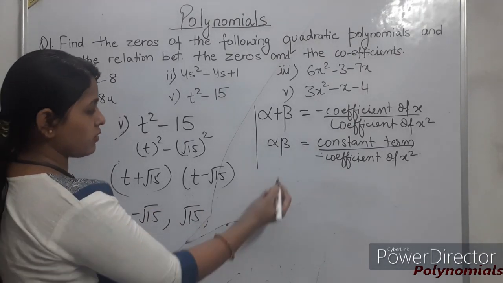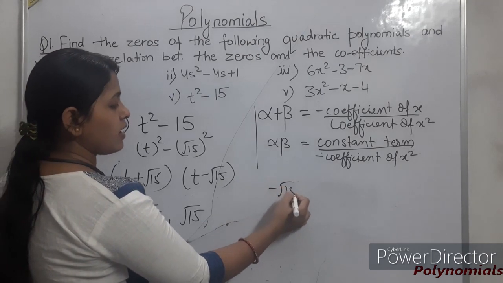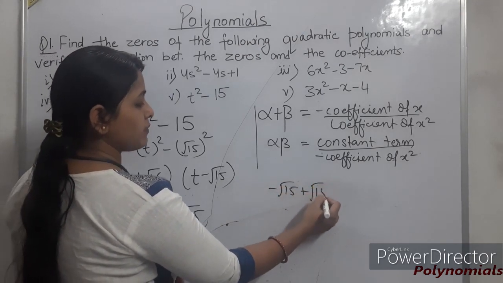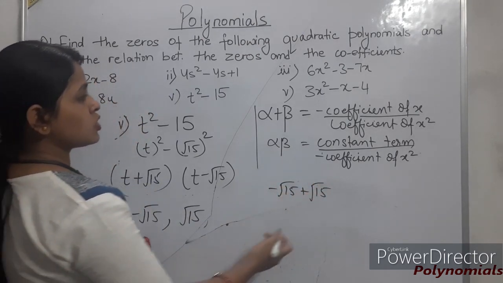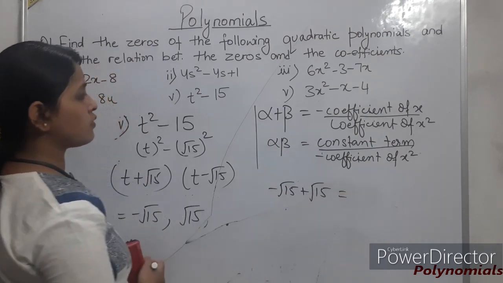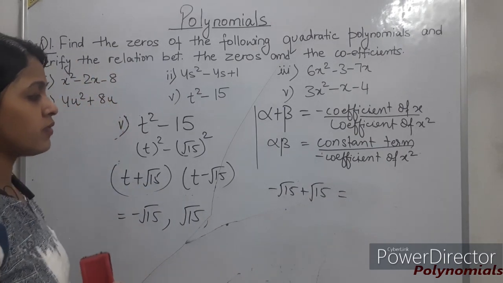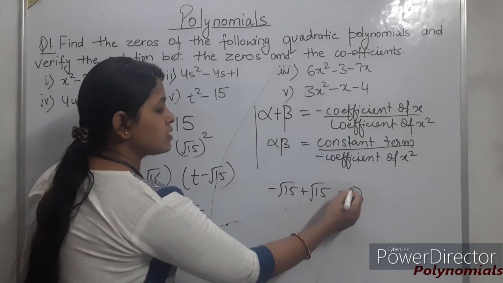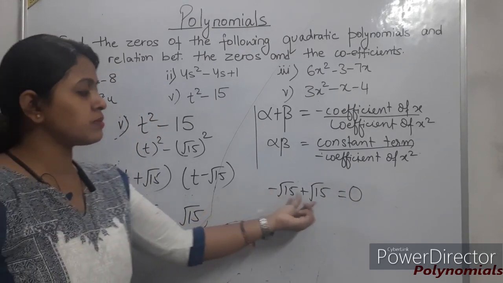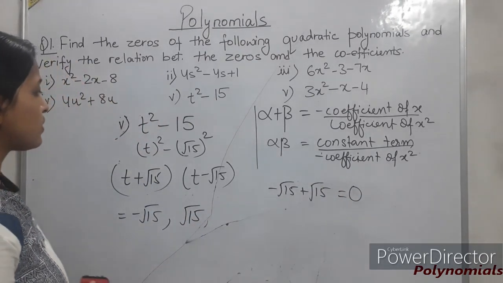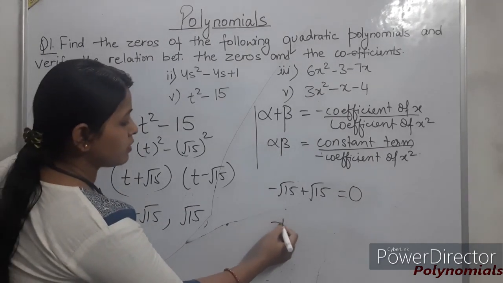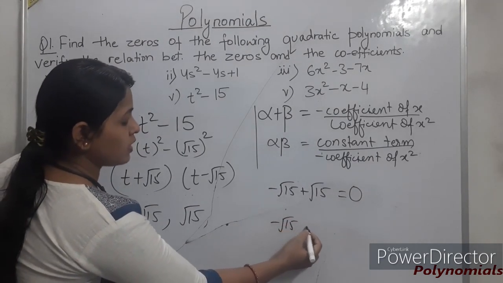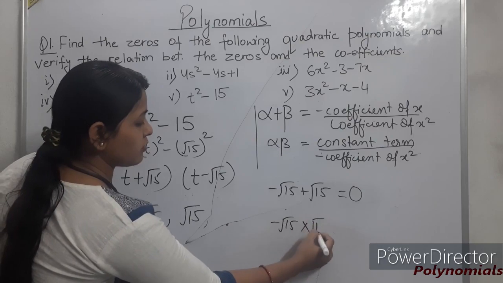Now let's do the verification. Alpha plus beta should be equal to minus coefficient of x by coefficient of x square. This is equal to 0. Okay, minus root 15 plus root 15, 0. Now alpha into beta. Minus root 15 into root 15.